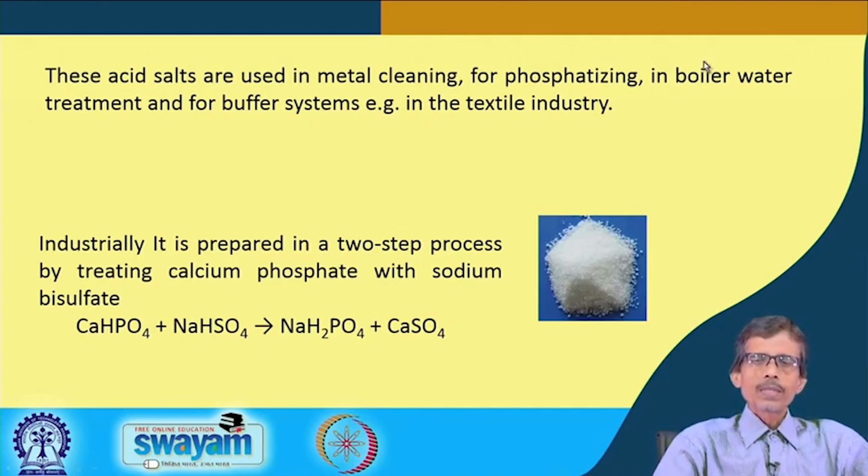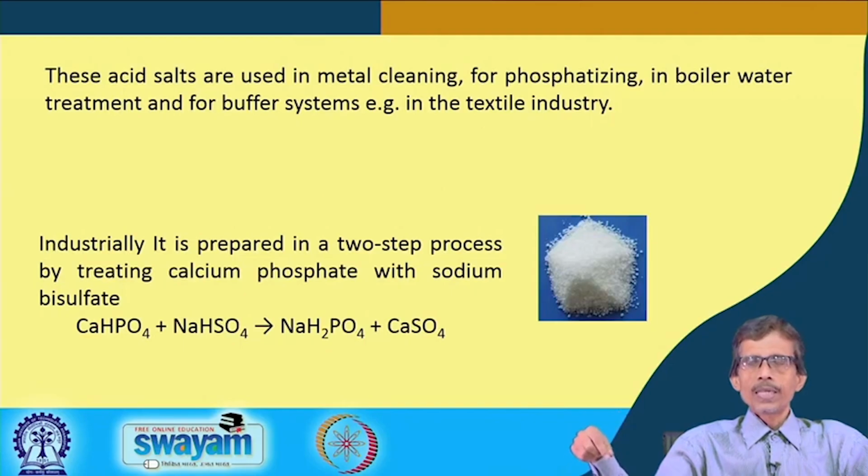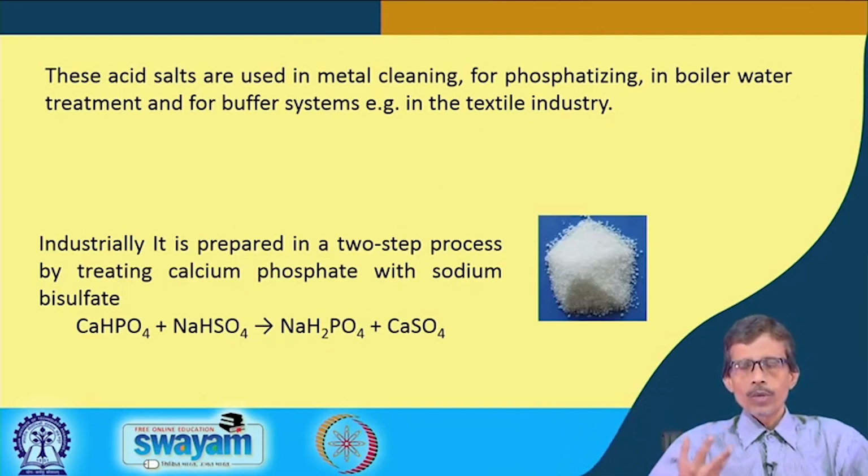Then there is boiler water treatment, where the water quality is also improved, and making buffers. As I just told you, whatever salt you use, whether a calcium salt or a sodium salt, a sodium salt of phosphoric acid, a dihydrogen salt or a monohydrogen salt, will have different pKa values, because for 3 protons we have 3 different pKa values and 3 different ranges.